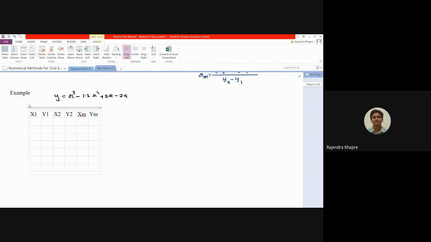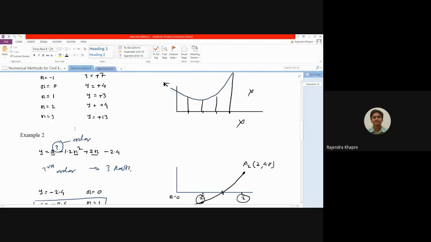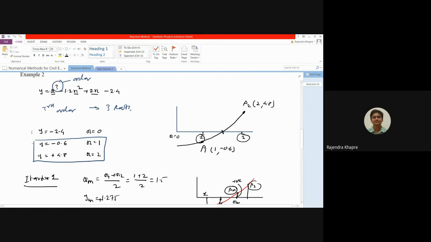Now the conditions are almost the same for this method. First, you have to find the guess roots such that the corresponding y values lie on either side of the x-axis. One should be a positive value and one should be a negative value. In the previous class we have already found this.